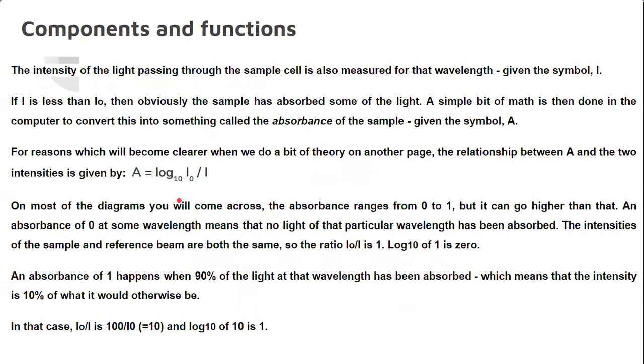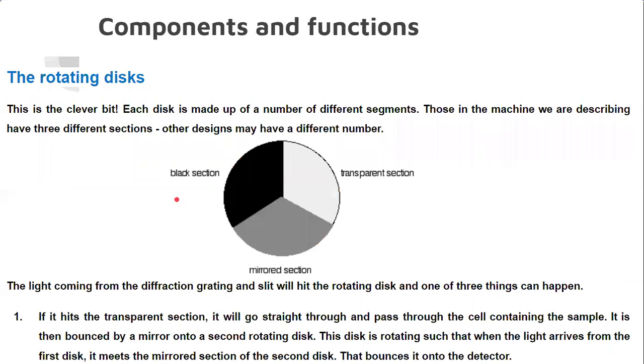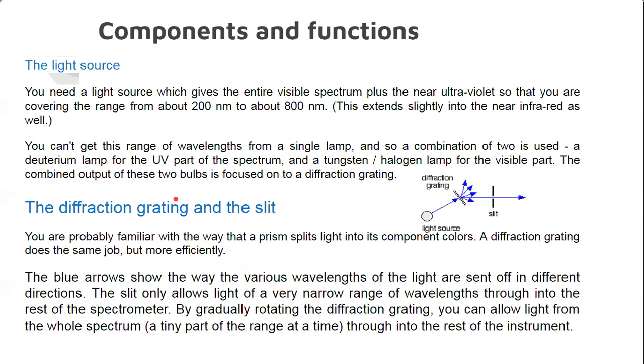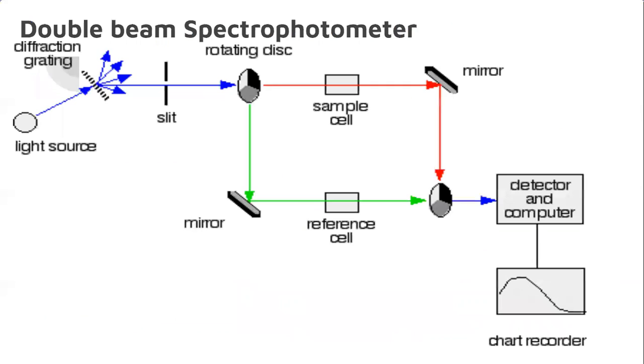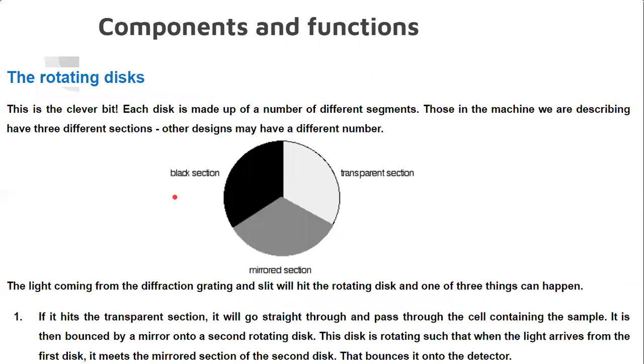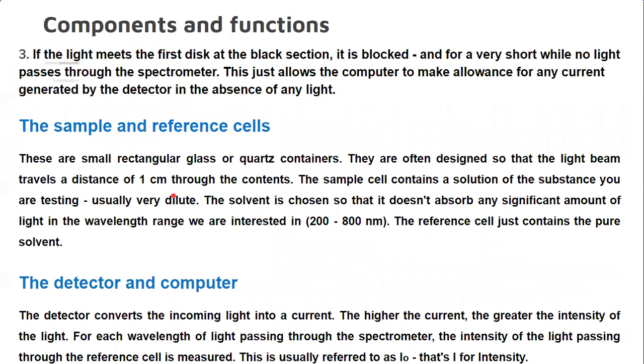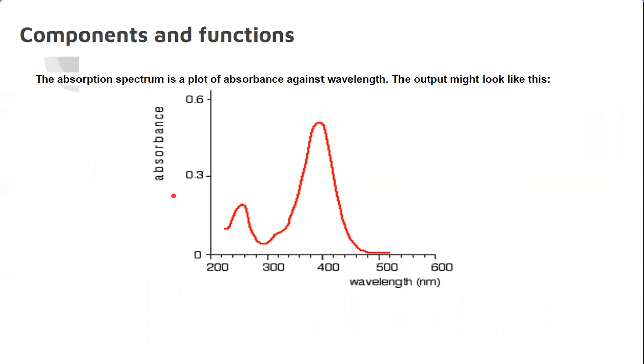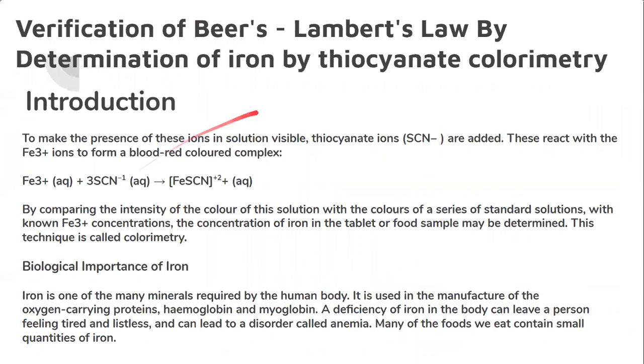I hope you have understood the components and functions of the spectrophotometer as well as the colorimeter. Tomorrow we will discuss the application of the colorimeter, and then the spectrophotometer. The first one is estimation of iron present in water by colorimeter, using a specific reagent, thiocyanate, which is also known as verification of Beer-Lambert law. Beer-Lambert law can be verified by using a colorimeter to determine iron present in water with thiocyanate.